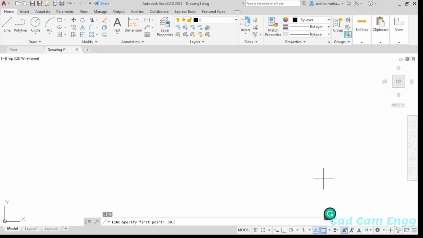Again AutoCAD asks for the next point. This is the polar coordinate system, so I use @. The length is 60, less than symbol, and the angle is 0. Just enter. Again for point number 3, @, the distance is 40, less than symbol, the angle is 90.